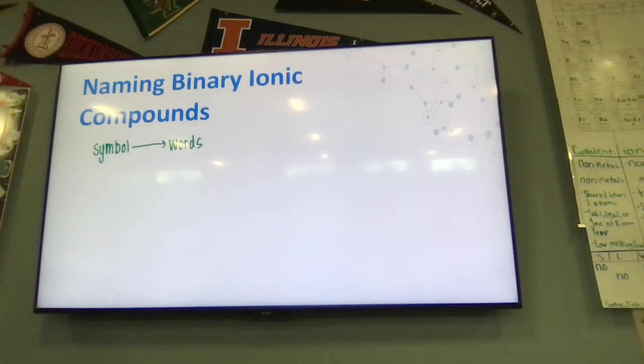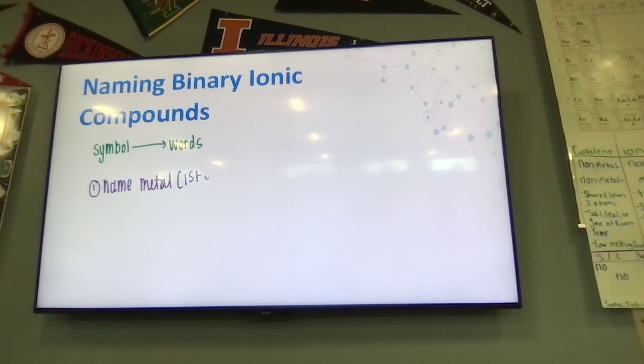And it's pretty straightforward for ionic compounds. Step 1, you name the metal.